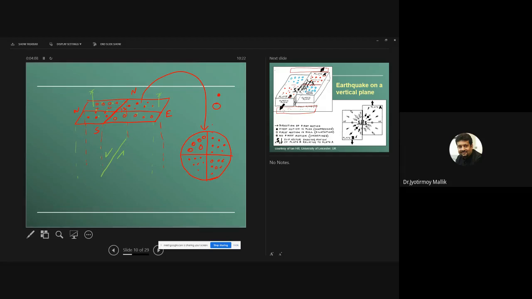Now, the convention is to keep the dilational quadrants empty, and the compressional quadrants are to be completely filled up. Okay.